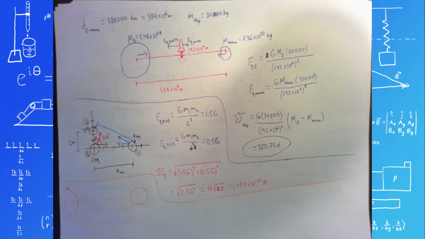If the object is going to be placed somewhere along this line, then it's going to have a gravitational force from the Sun pulling it left, and a gravitational force from the Earth pulling it right, and for the net force to be 0, those gravitational forces need to be equal.